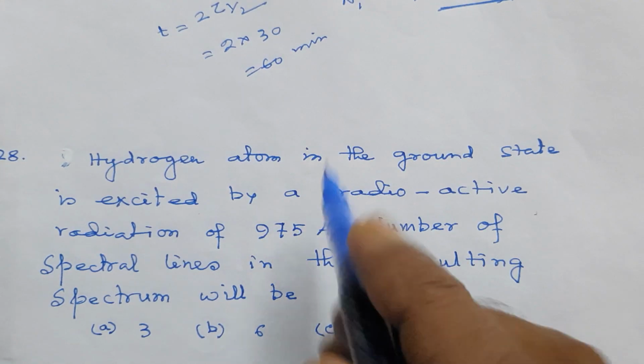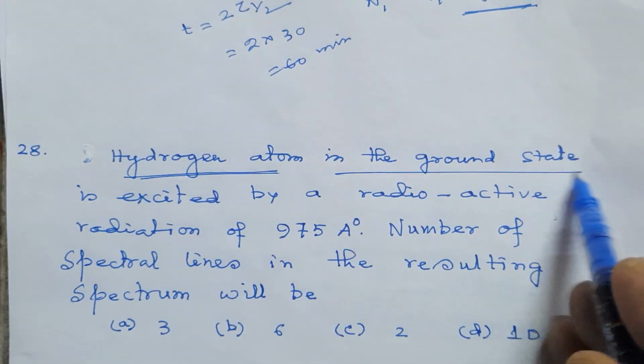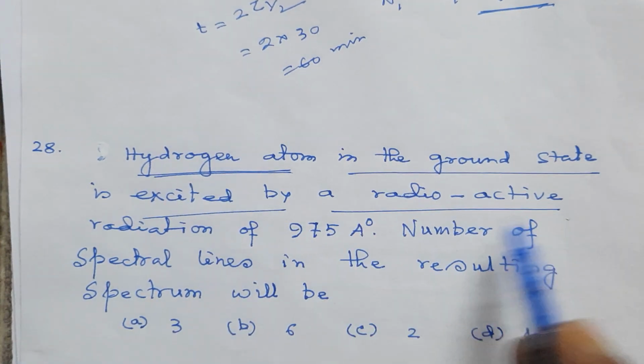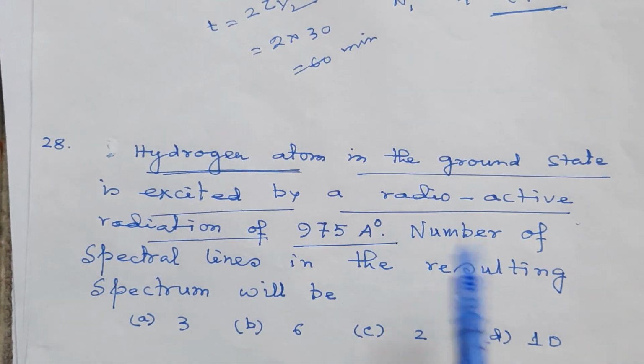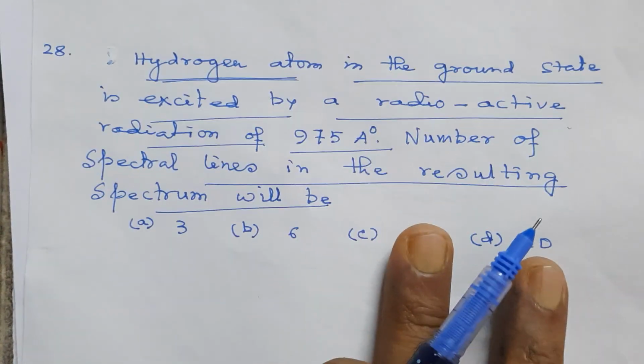It says a hydrogen atom in the ground state is excited by radiation of 975 angstrom. Find the number of spectral lines in the resulting spectrum.